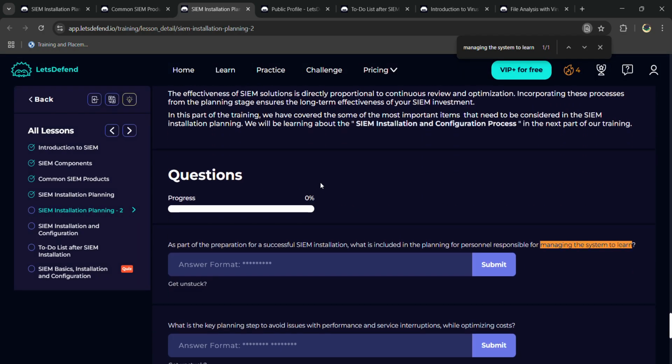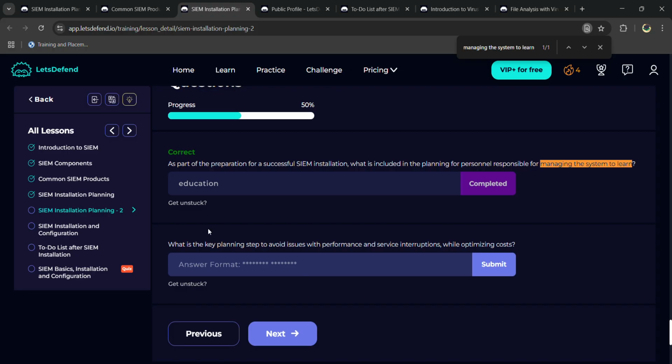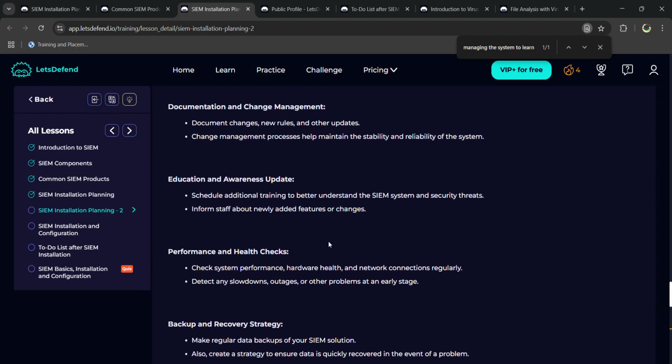Education. Next is, what is the key planning step to avoid issues with performance and service interruptions while optimizing costs?